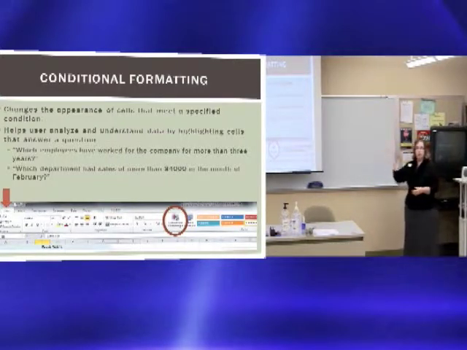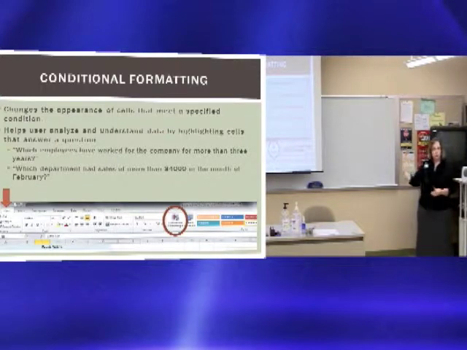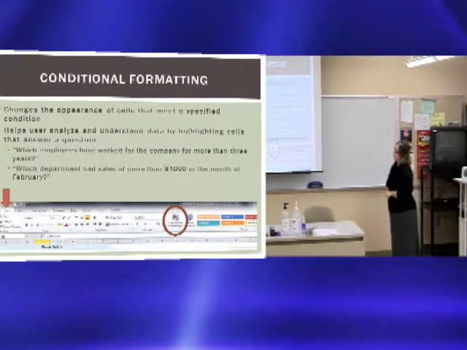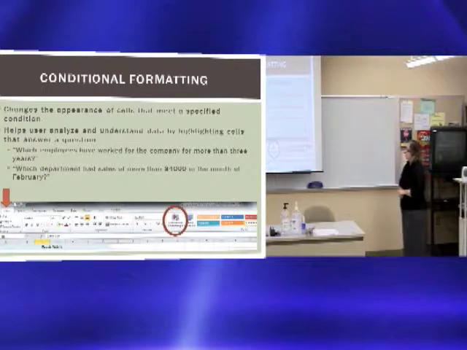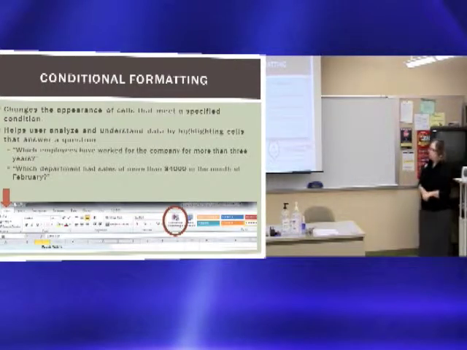So she could set those cells to format an appropriate number or an appropriate color, if you will, to see who quickly had been there for those number of years, whichever one it needed. Or a department having sales more than 4,000 in the month of February.